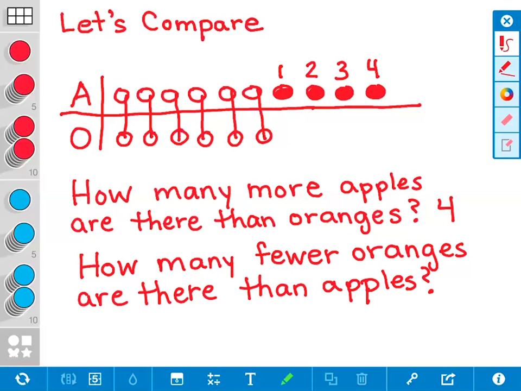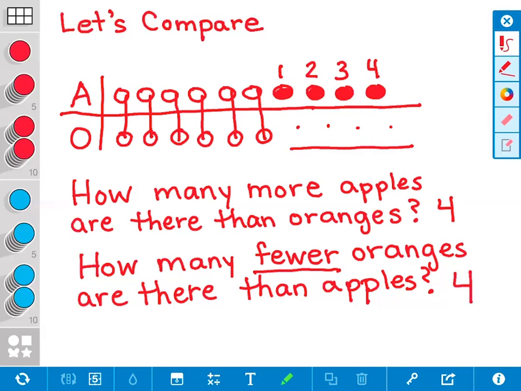So when I look at that, I can look right here into this space and I can see I'm missing one, two, three, four. There's four fewer oranges than there are apples. And so I'm going to put it right there.